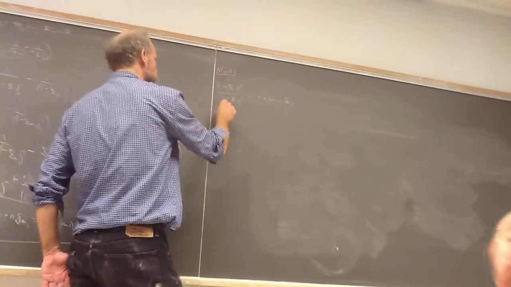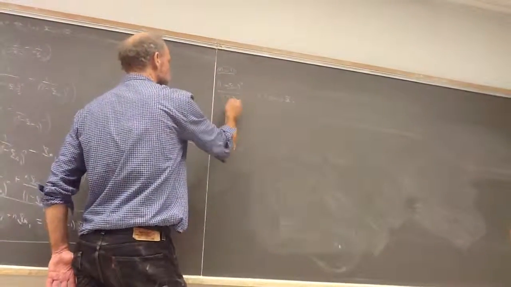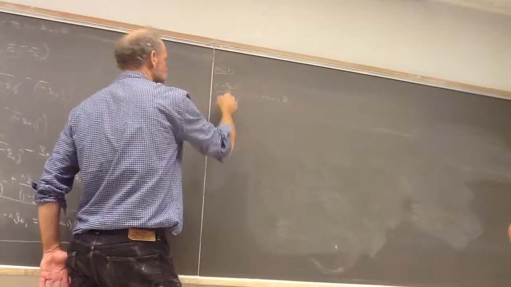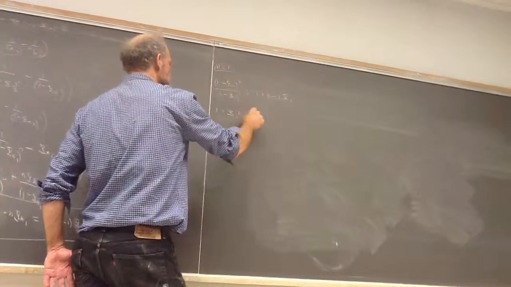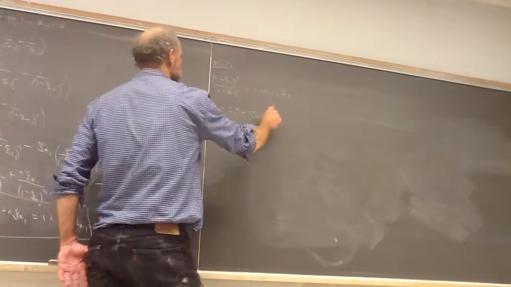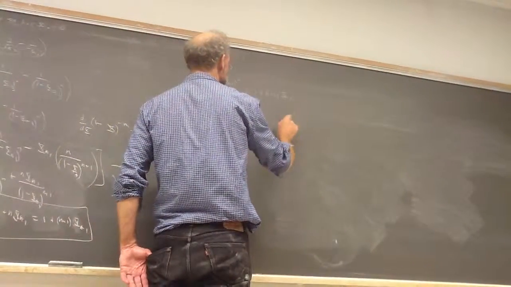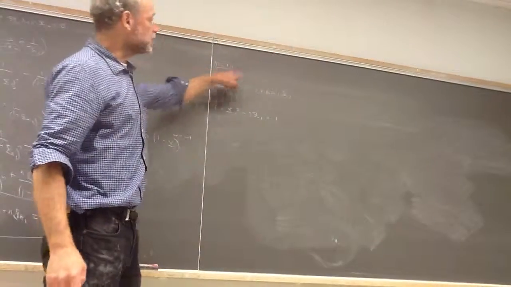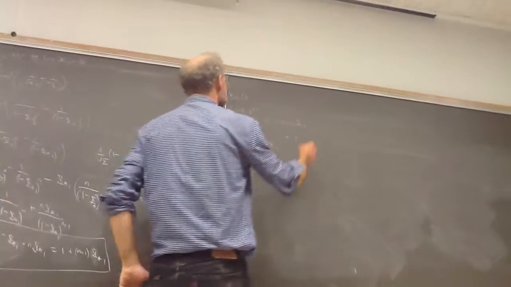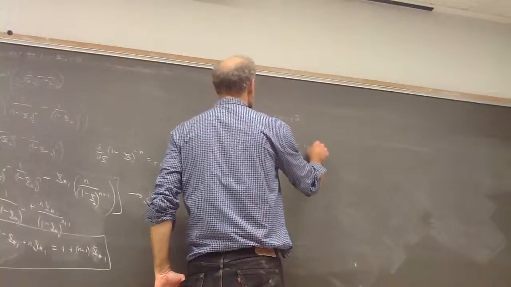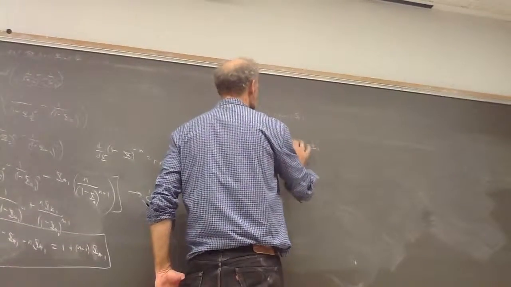So I have 1 minus x2 squared. Well, let's multiply 1 minus x1 squared, which is 1 plus x1 squared plus 2x1, is equal to 1 plus n minus 1. Now in this case, when n is equal to 1, n minus 1 is 0. So then I just get 1 times 1 minus x2.